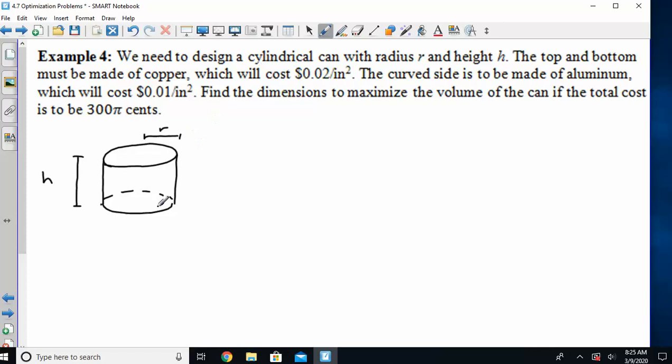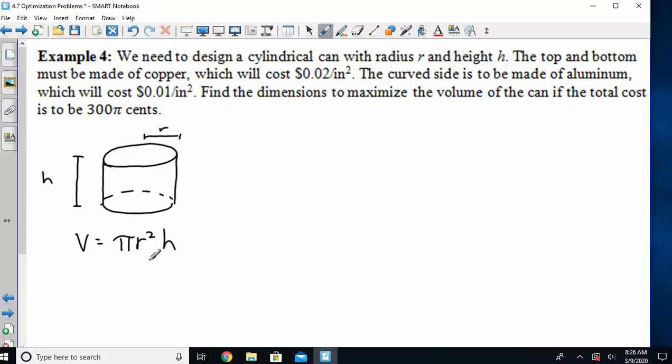Okay, so I'm trying to maximize volume. Volume of this is the area of the base, so pi r squared times the height, which is h. Before I can do this derivative, I have to get rid of one of those variables. So that's where the cost comes into play.